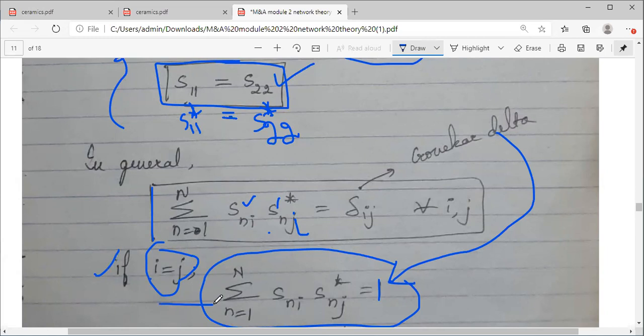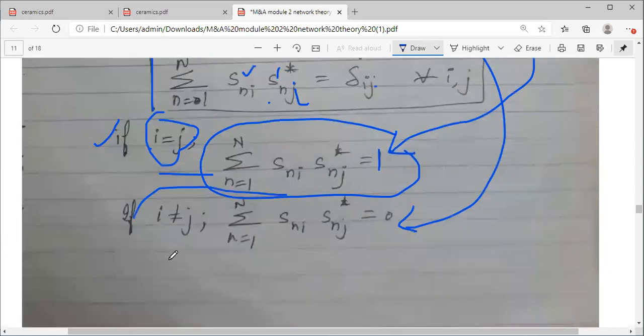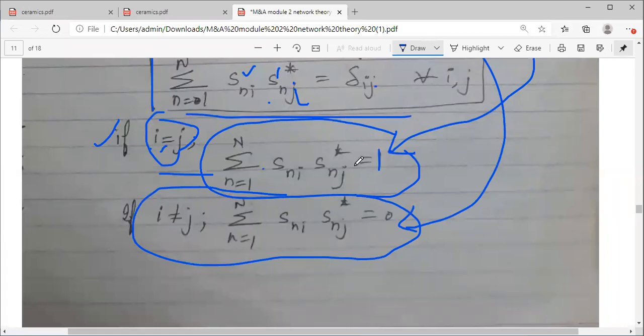This will be your unitary property. Now, if i is not equal to j, then this Kronecker delta value is 0. And this is your zero property. So the condition: if i and j are equal, this general equation turns to unitary property. If i is not equal to j, it turns to zero property.